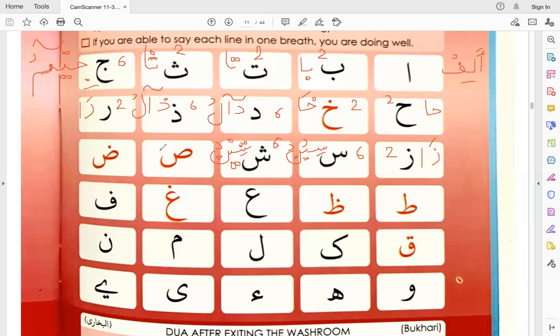Then Sad. Yes, here you find sukoon, and before sukoon there is a mad letter. So it can be stretched for four, but we are stretching it for six haraka, because all the scholars agreed to stretch it six haraka.